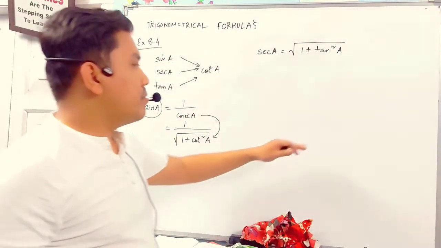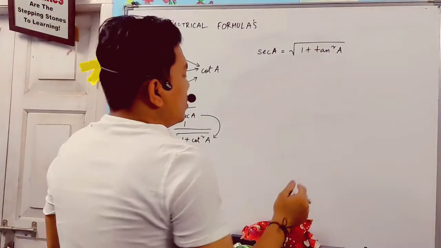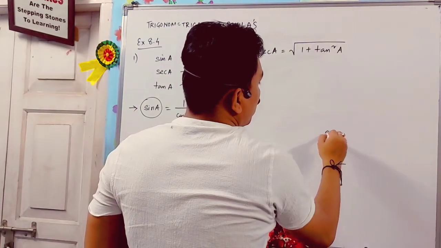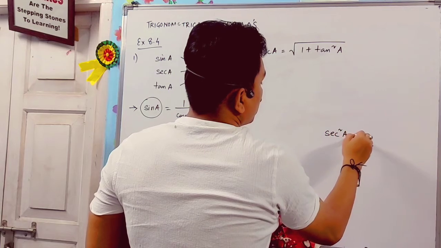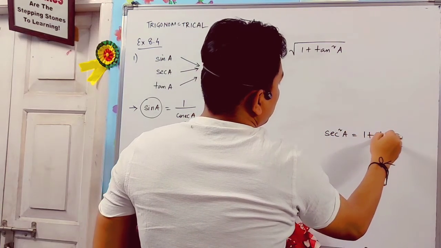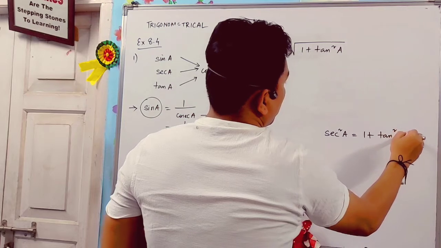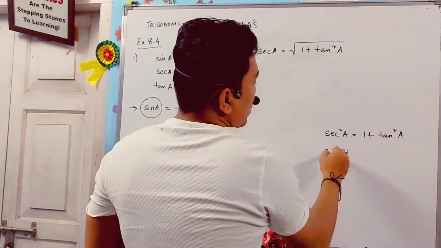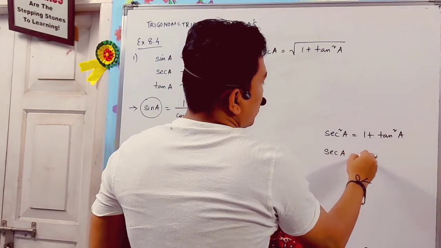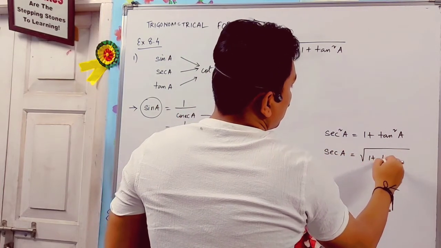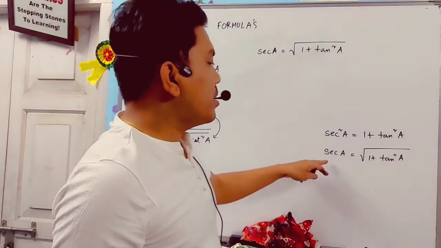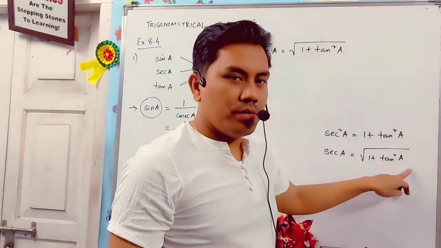Yes, I have given one formula, the 8th formula, where I have written sec square A is equal to 1 plus tan square A. Now similarly, like the previous one, sec A will be equal to the square root of 1 plus tan square A. So in place of sec A, we can write this.